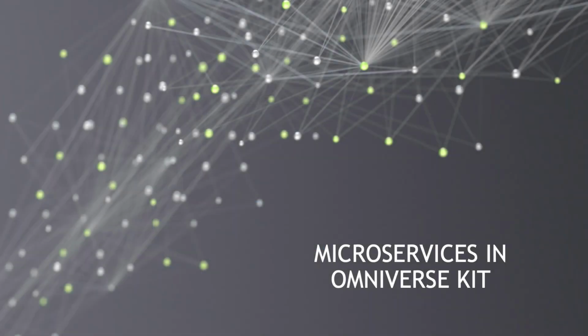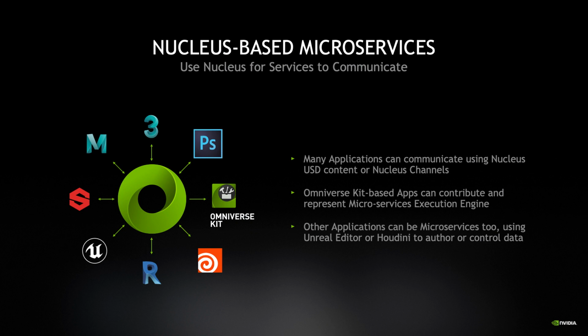Microservices are key in building distributed and collaborative apps in the data center world. For that, you have two approaches in Omniverse. First, you can use Nucleus. Nucleus, by nature, is a microservices environment. It enables you to have a shared database of entities and items, leveraging USD to store these.